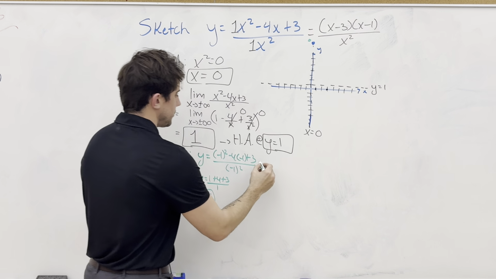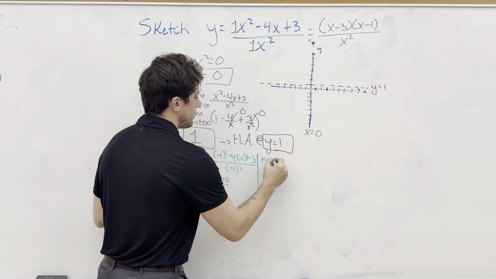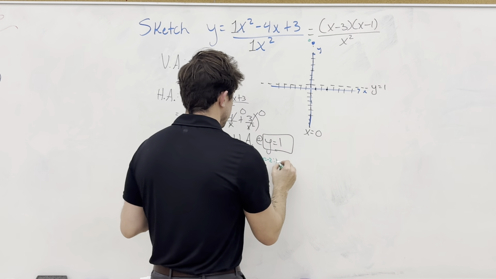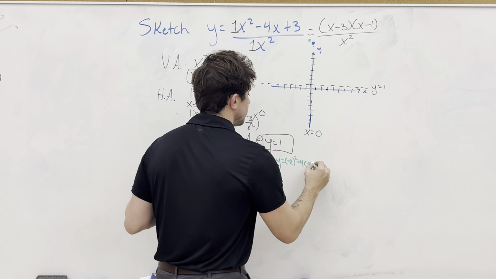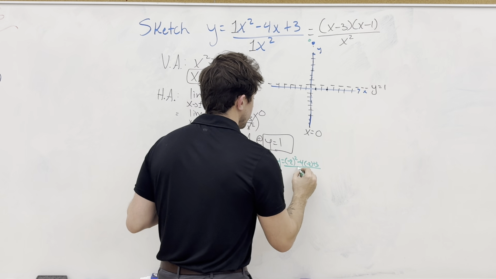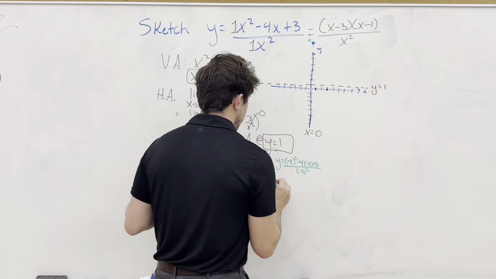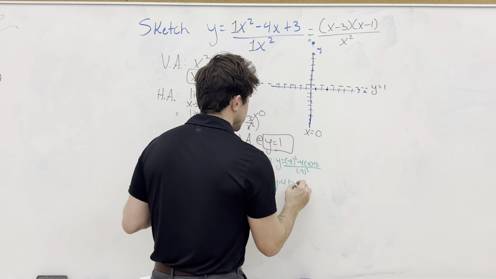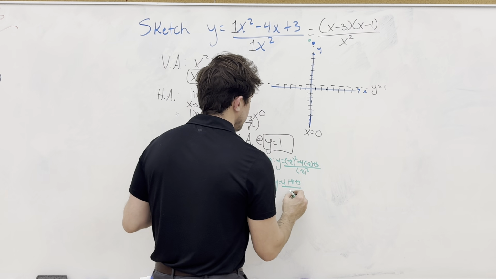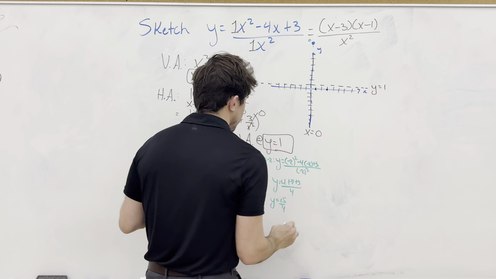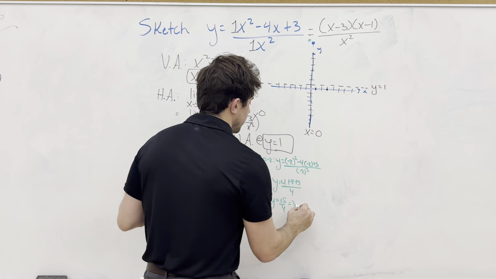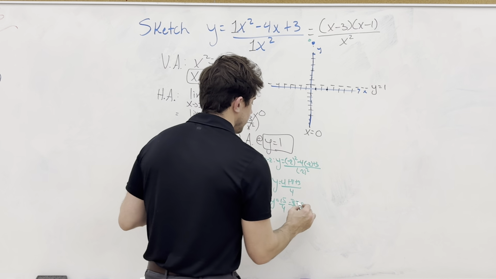When x is -2, y is going to be -2 squared minus 4 times -2 plus 3 all over -2 squared. That's going to be 4 plus 8 plus 3 all over 4. Y is 15 over 4, which is 3.75, right?